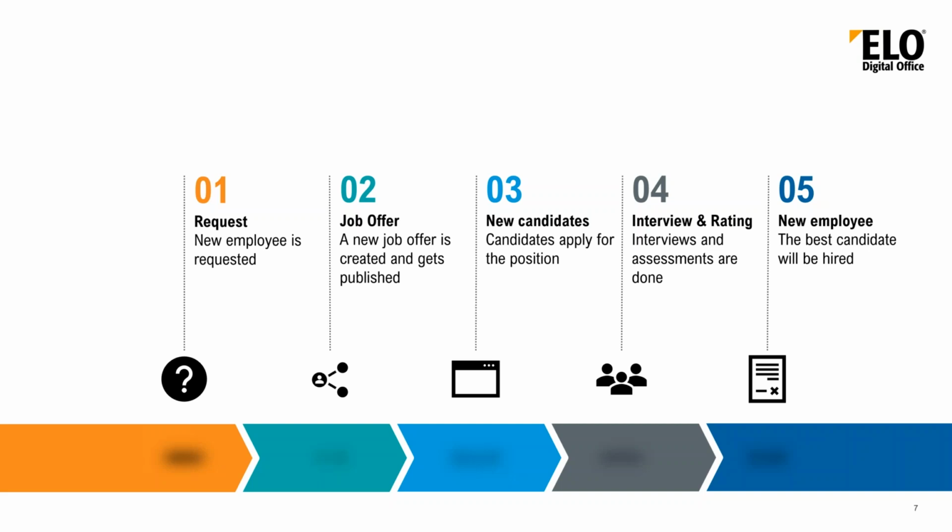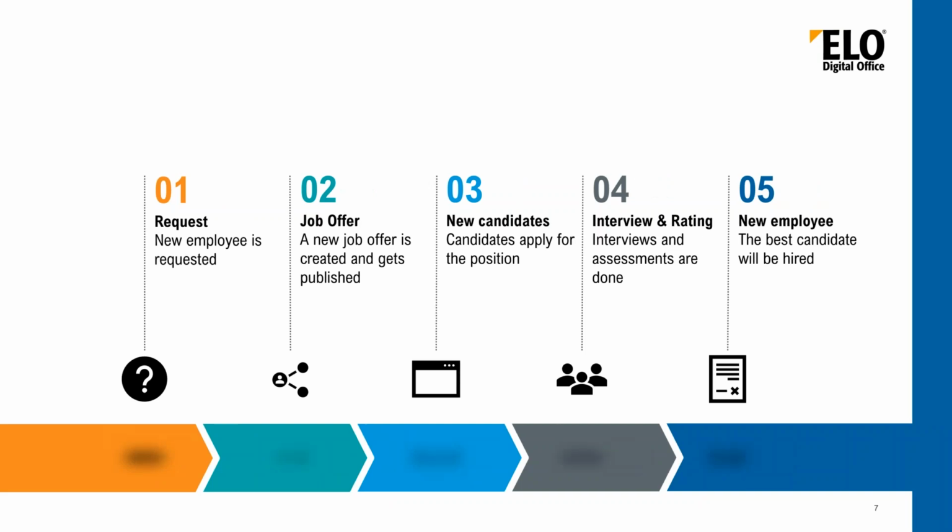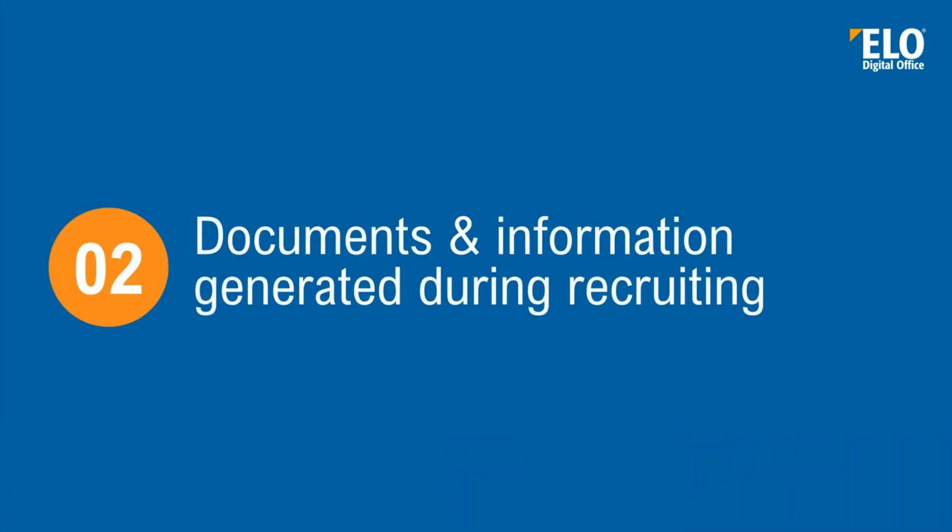So that's the typical recruiting process: a request for a new employee in a department or in a branch or something else, a job offer, then new candidates will arrive. We will have some interviews and we will rate the candidates, and at the end of the day, we have a new employee.